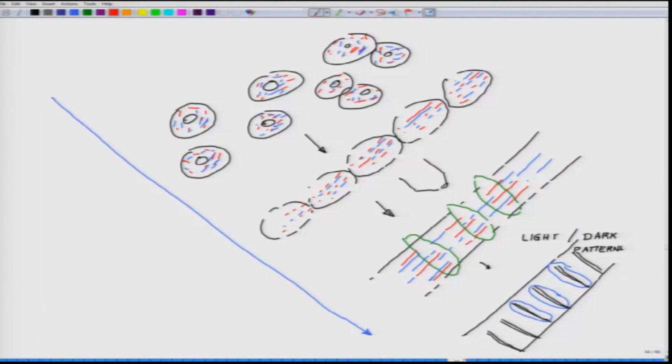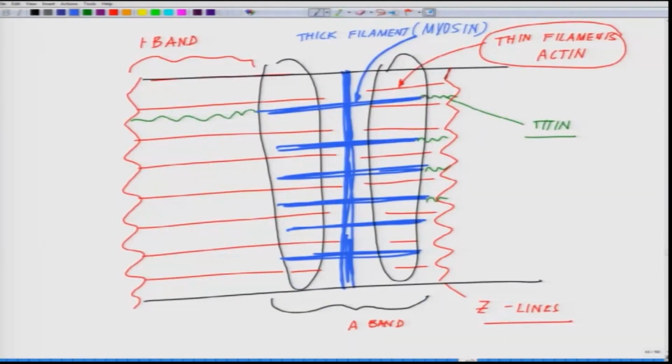Myosin we are calling red. So, these are your myosin and these are your actin. Of course, we have just changed the color code here. We have the actins shown in red here and the myosin shown in blue, but that does not matter. So, this is how the architecture started to emerge.